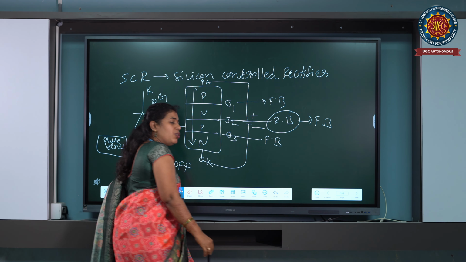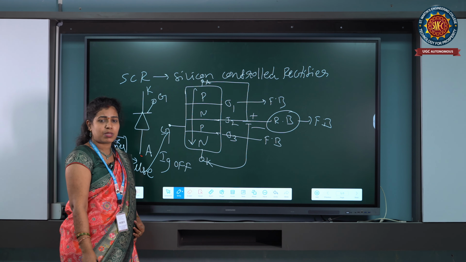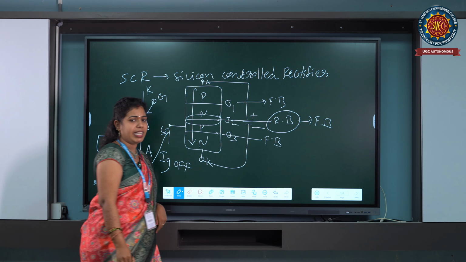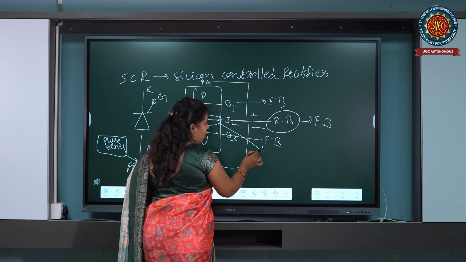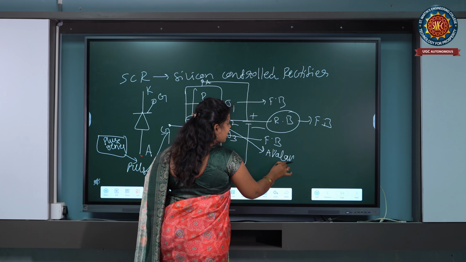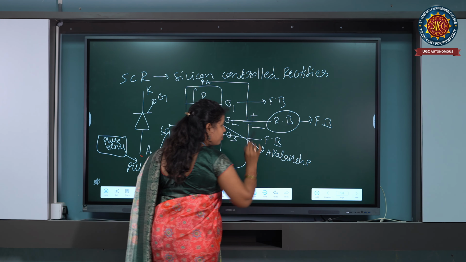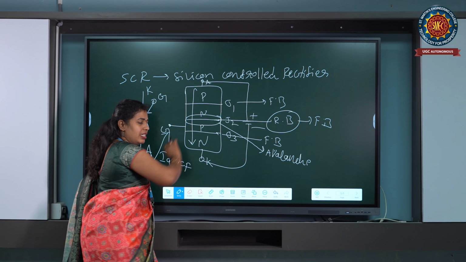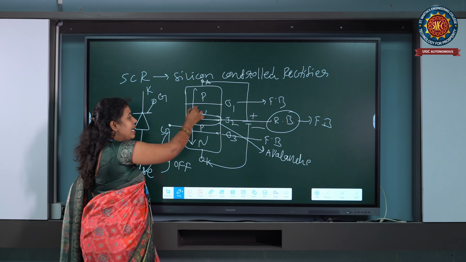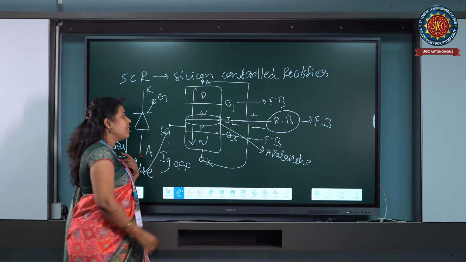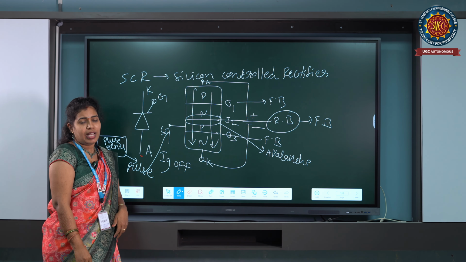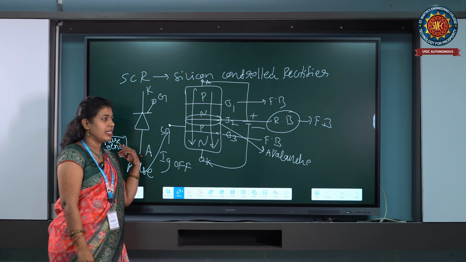How does it go from reverse bias to forward bias? The layer at J2 undergoes breakdown, called avalanche breakdown. So avalanche breakdown occurs at the reverse biased junction J2, then it comes to forward bias. Then all three junctions are forward biased, and current starts flowing from anode to cathode. That is the thyristor on state.